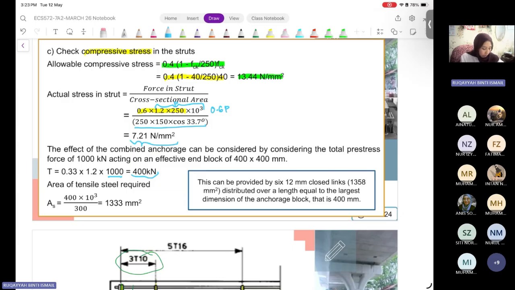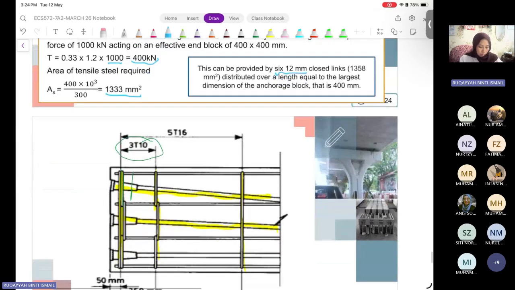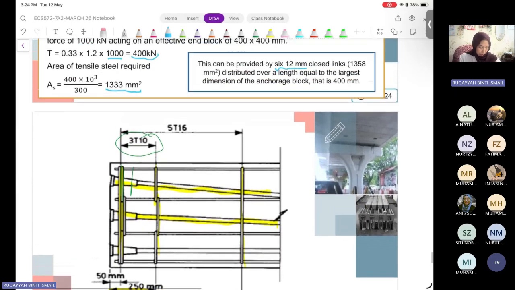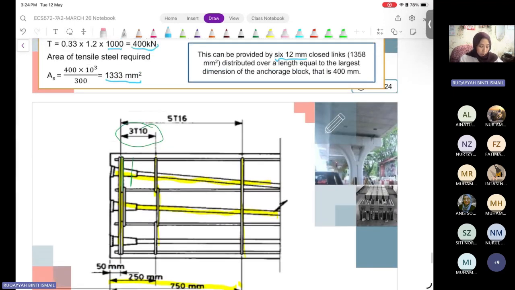From here, you get the area of tensile steel required of around 1,333 mm square. You can provide this with 6 12 mm close links with 1,358 mm square distributed along the length. If you want to be detailed, it will be according to the transmission length.